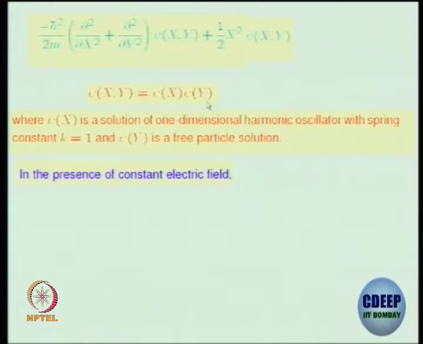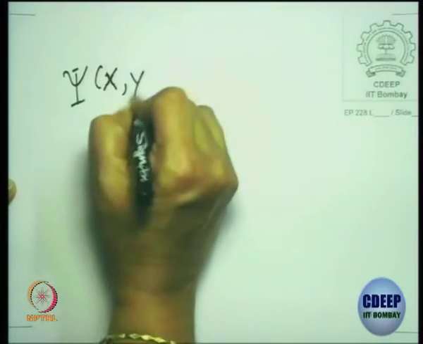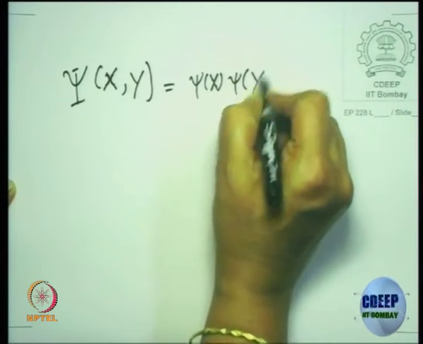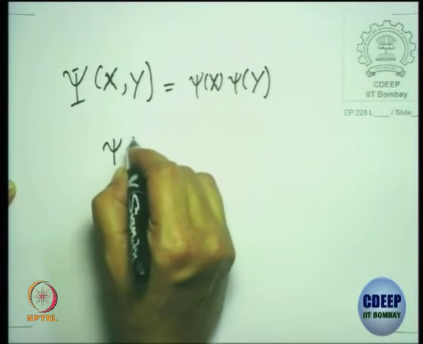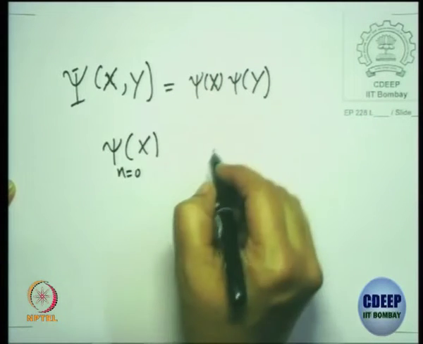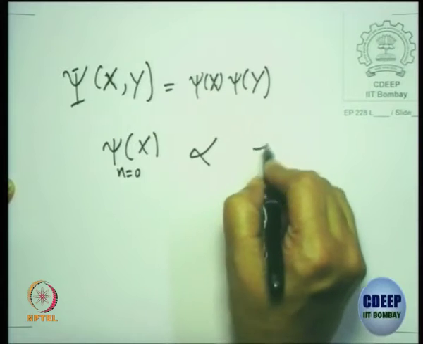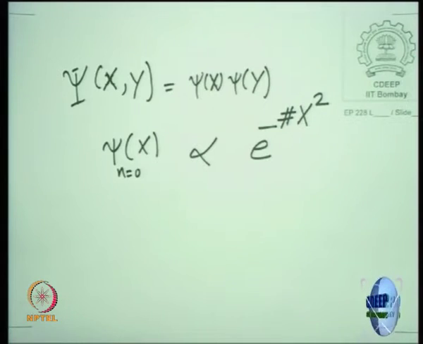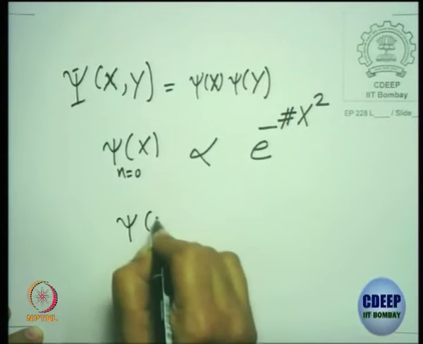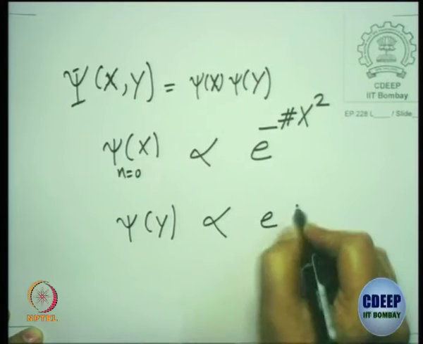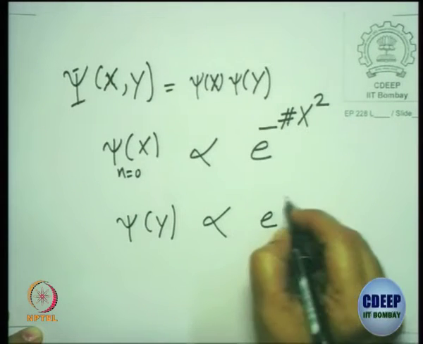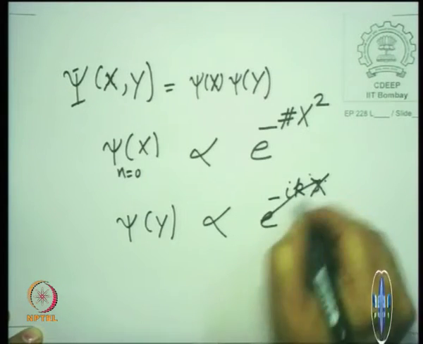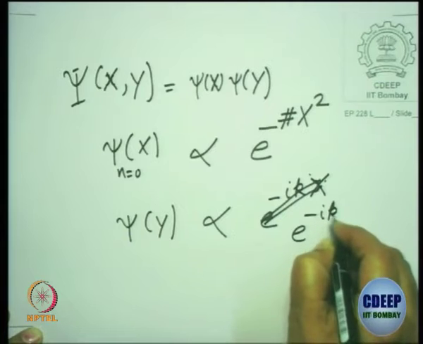Let me call this psi of capital X, capital Y, equal to psi of capital X times psi of capital Y. Psi of capital X, for the ground state, will be proportional to e to the power of minus x squared, with some constants, and psi of Y will be proportional to e to the power of minus i k capital Y.